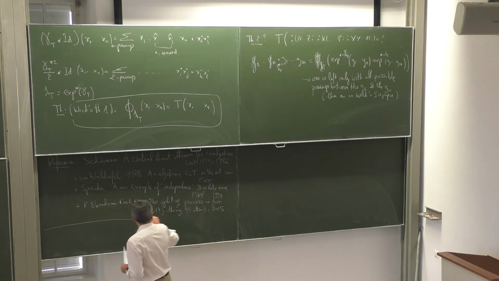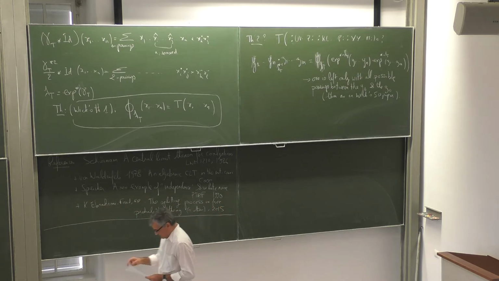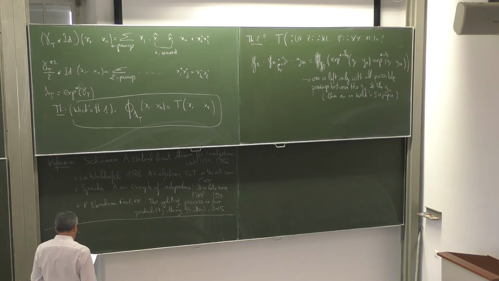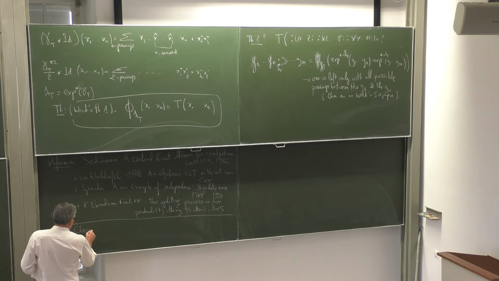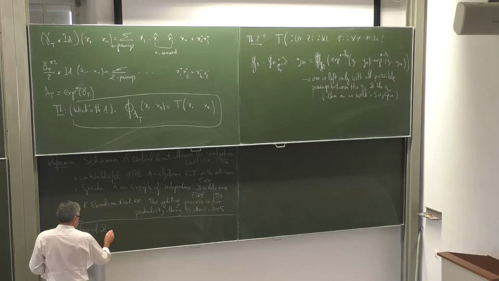As I won't have time to develop everything, you can go to these articles and we will find all the missing details in the lectures. So let's start with classical and quantum central limit theorems.